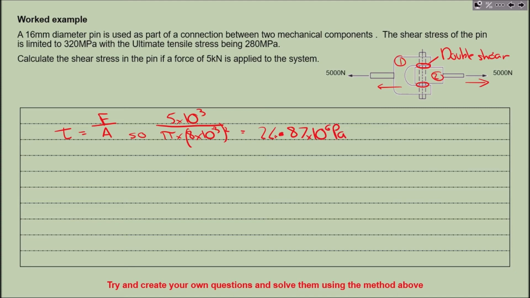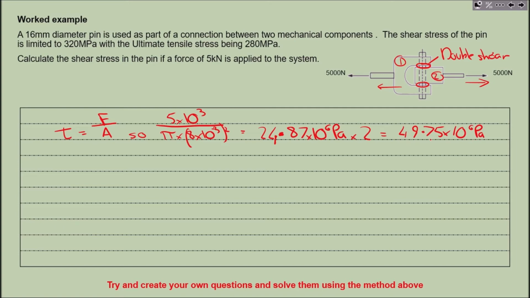Although we've got this answer here, this isn't the answer to the question, because as we can see we've got double shear. So what we need to do is multiply that by 2 to give us double that stress. There's a couple of different ways you can tackle this. On there, we multiply that by 2, so we get an answer of 49.75 times 10 to the 6 pascals.